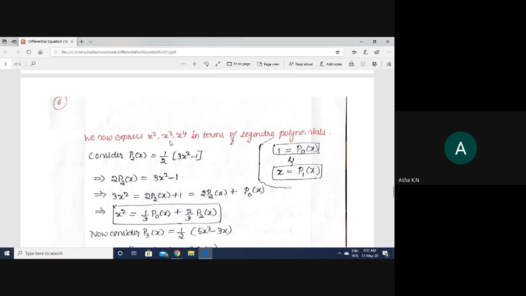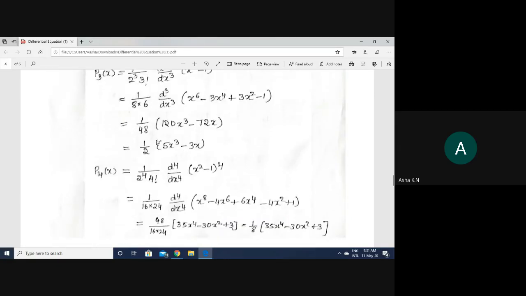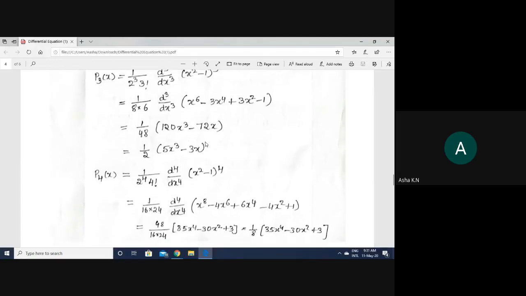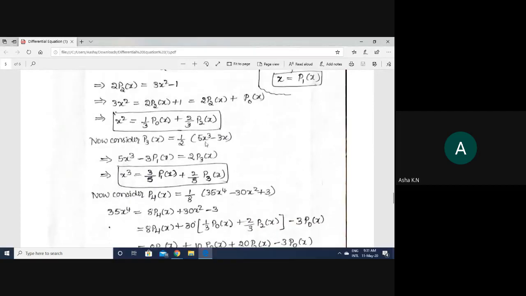Next, for x cube, same procedure, you should consider P3 of x. The P3 expression we got is 1 by 2 into 5x cube minus 3x. Yes, here you can see this is the P3 of x expression. So in that expression, what do we have to do?